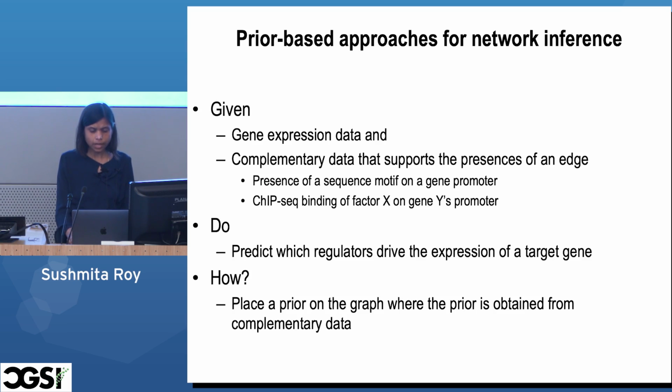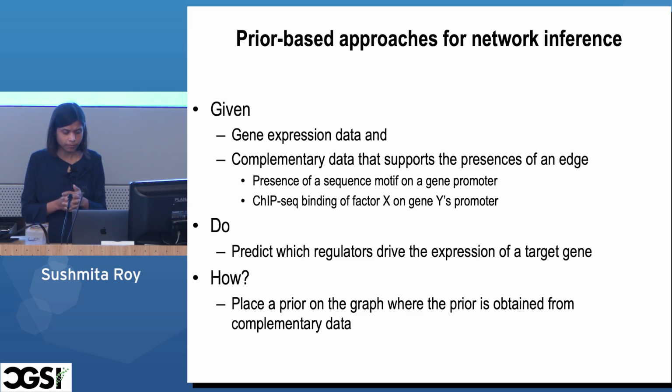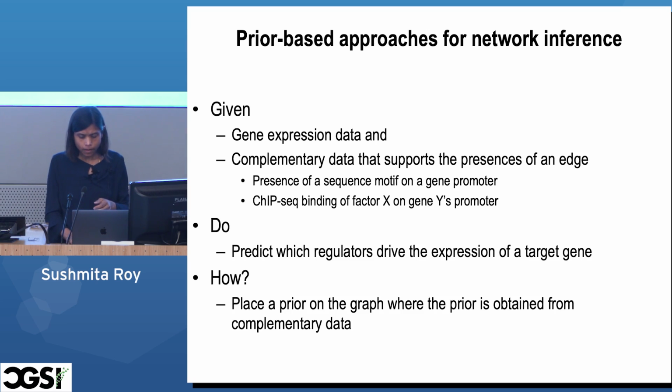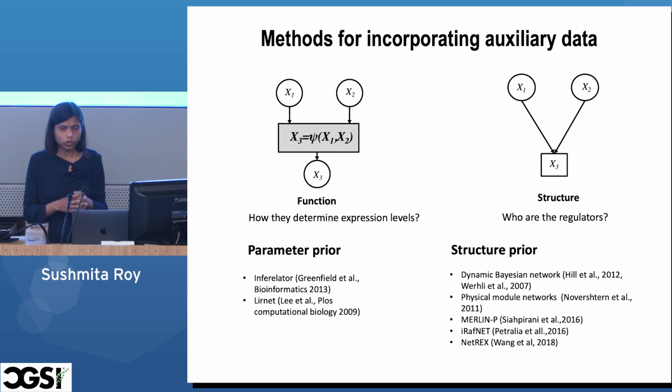The first is prior-based approaches for network inference. Given gene expression data and auxiliary data sets such as accessibility, what we want to do is predict the regulators of a gene based on its gene expression levels, but not only use gene expression; use these other sources of data to further guide the network inference approach. Methods here can be grouped into two classes.